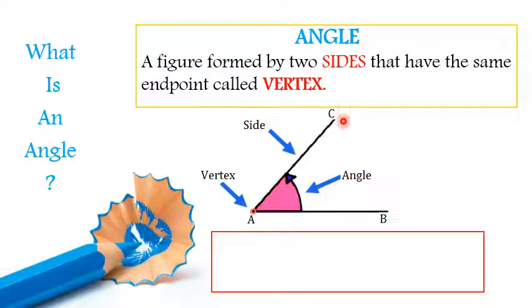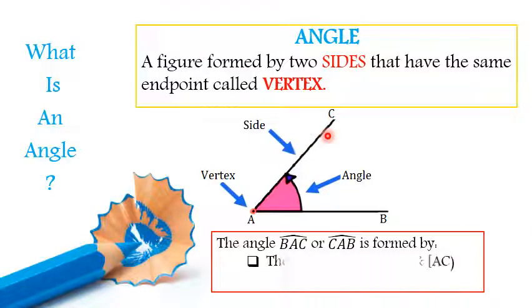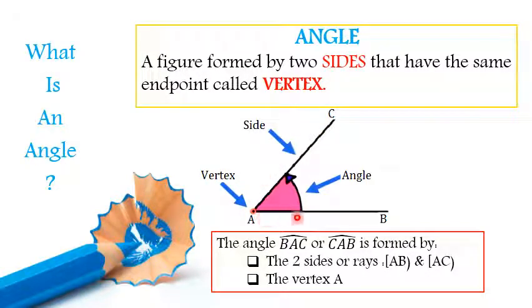While in this case, it's limited from A but unlimited from C, we say that's a ray AC, or a semi line AC. Okay? Here is another ray, which is AB. Look, it's limited from A but unlimited from B, so we have to use this sign.